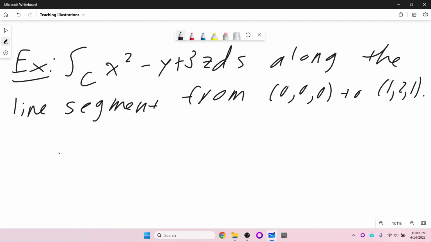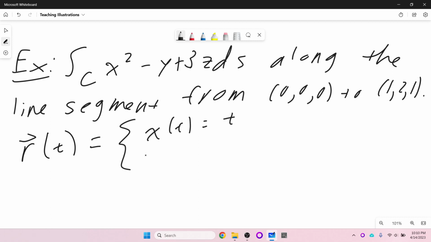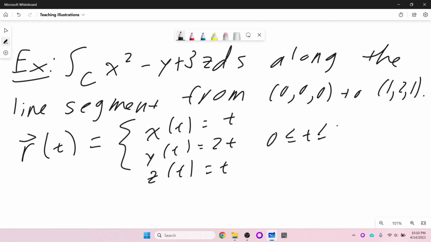Well, we need to parameterize this line segment, and so we've reached back to our ideas about parameterization with the different forms for writing lines, and I think the x of t would just be t, y of t is 2t, z of t is also t, where t goes from 0 to 1.